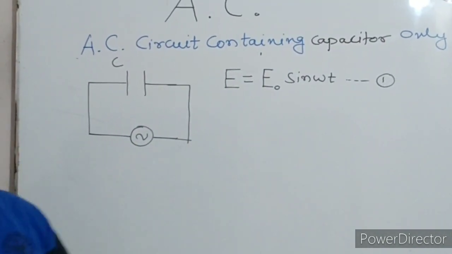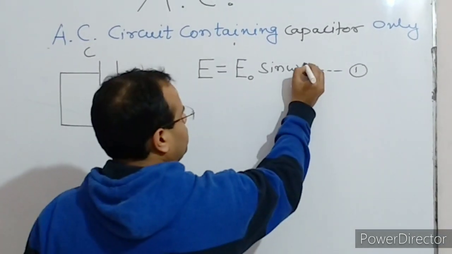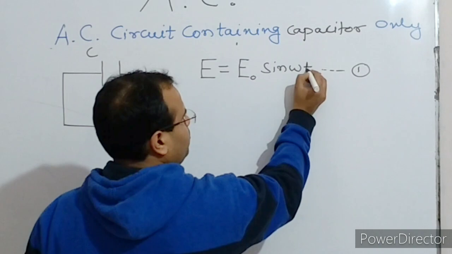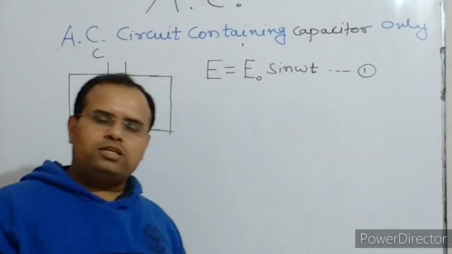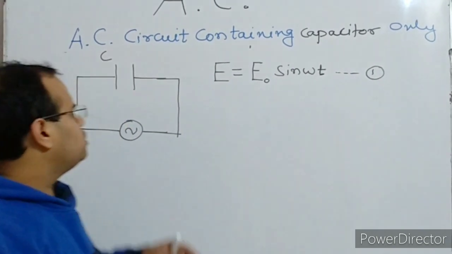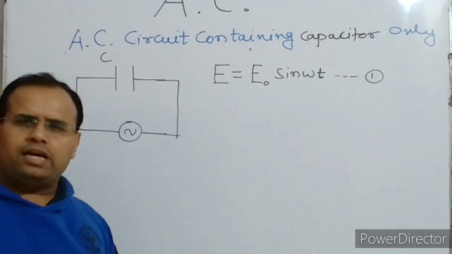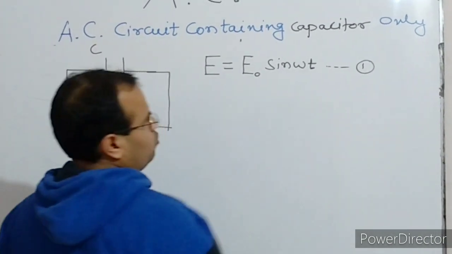Now you know that the EMF is the alternating EMF, and because it is alternating, it changes in magnitude as well as in direction. So we have E equals E naught sin omega t.